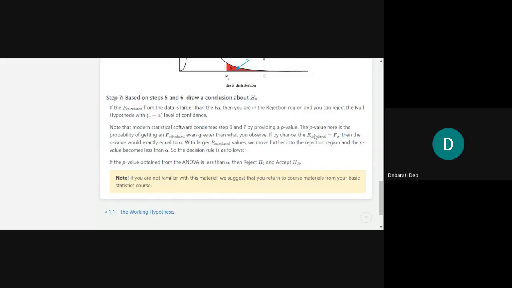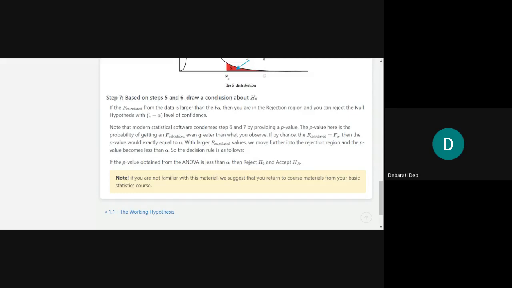This p-value is the probability of getting an F calculated even greater than what you observe. If by chance the F calculated is just equal to the F critical, that is tabulated, then the p-value will be exactly equal to alpha. With larger F calculated values, we move further into the rejection region and the p-value becomes less than alpha.